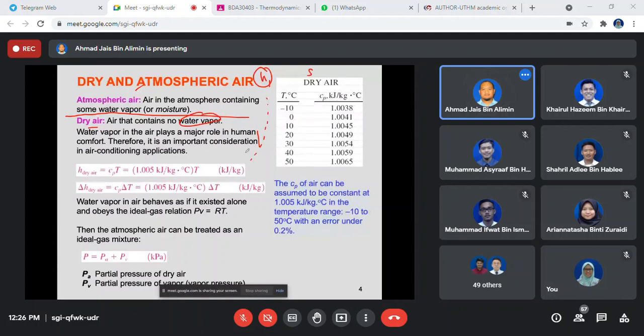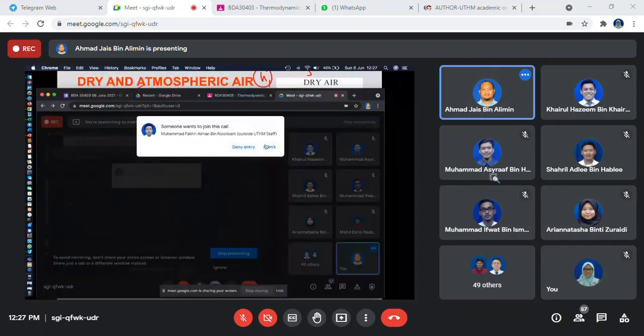So the theory suggests that if you want to calculate the enthalpy of air, you can apply the ideal gas relations, and not only for the air but also for the water vapor. So the enthalpy for dry air is related to the specific heat at constant pressure multiplied by the temperature at that particular condition and time. And the delta enthalpy, the difference in enthalpy, is related to the difference in the temperature.